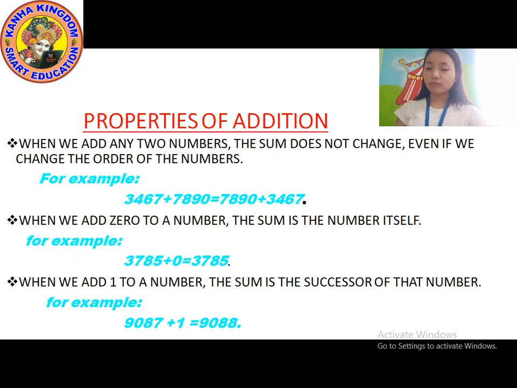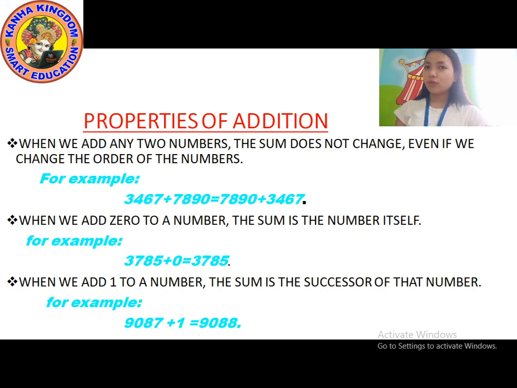While adding these two numbers, if we change the order, we will get an equal sum. Okay, the first property is, when we add any two numbers, the sum does not change even if we change the order of the numbers.